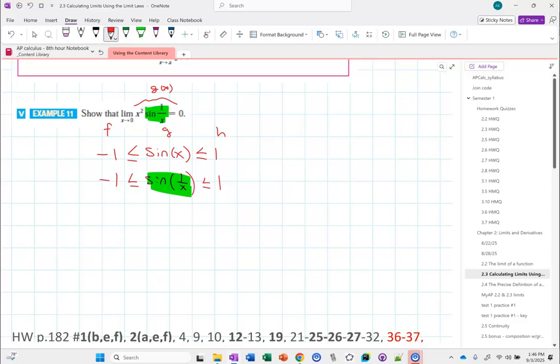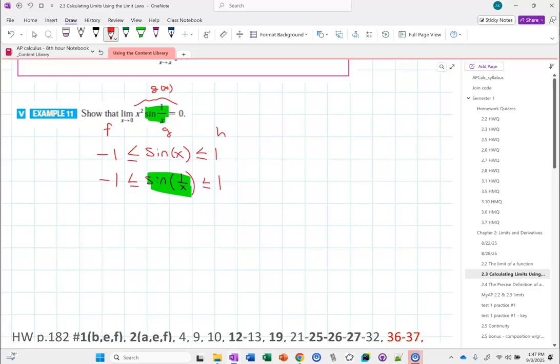Now I'm going to multiply every part of this inequality by x squared. How do I know that's not going to flip an inequality, right? Sometimes when I multiply both sides the inequality symbol flips. Not negative. Yeah, x squared is greater than or equal to 0 always, right?